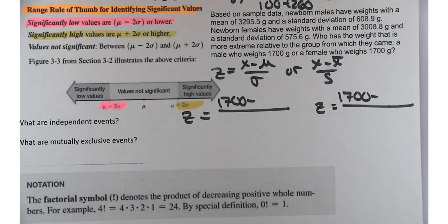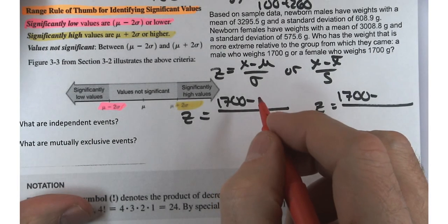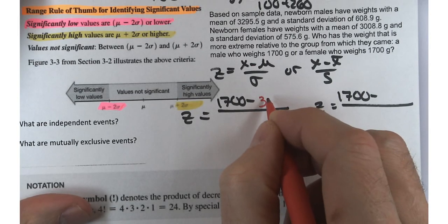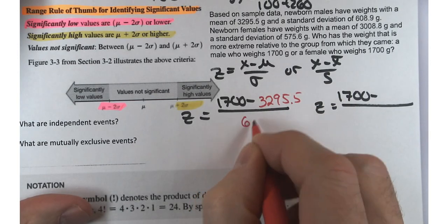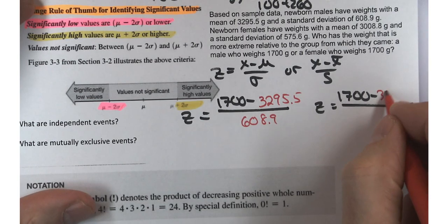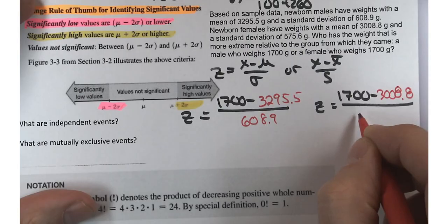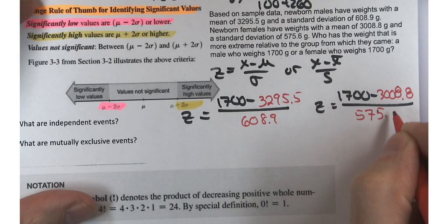In one case, I'm going to subtract 3295.5 divided by 608.9. In the other, 3008.8 divided by 575.6.